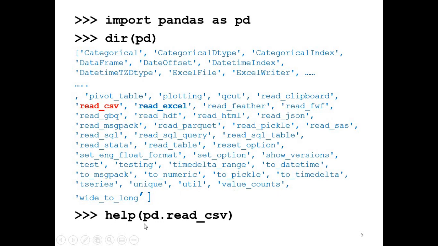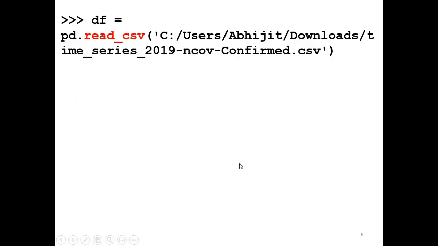So if you type help, and inside that write pd.read_csv, it will give you how to use it, what the things are, and so on. I'm not showing it here. Okay, suppose you have downloaded the data from the site I have shown, and the data is on my computer. You give the path name inside quotes, c:\users\Abhijit\downloads, and the file name is time_series_2019-ncov-confirmed.csv.